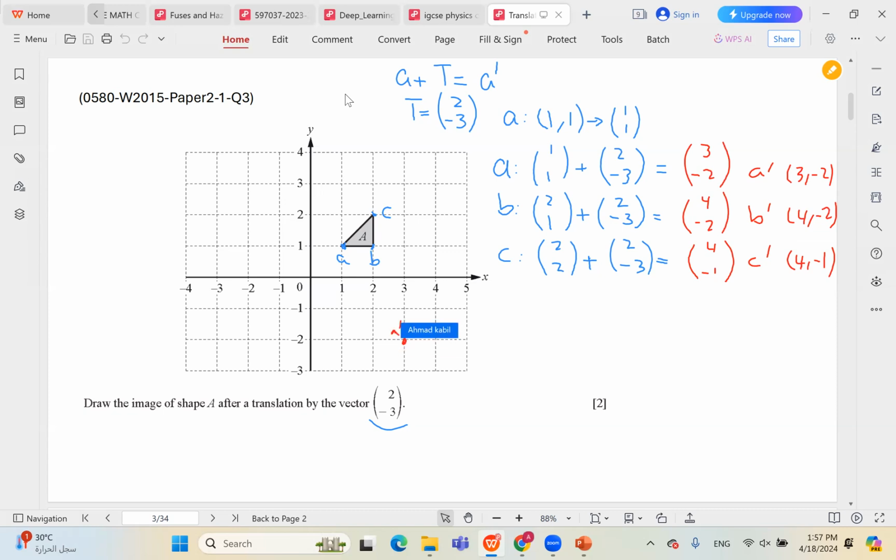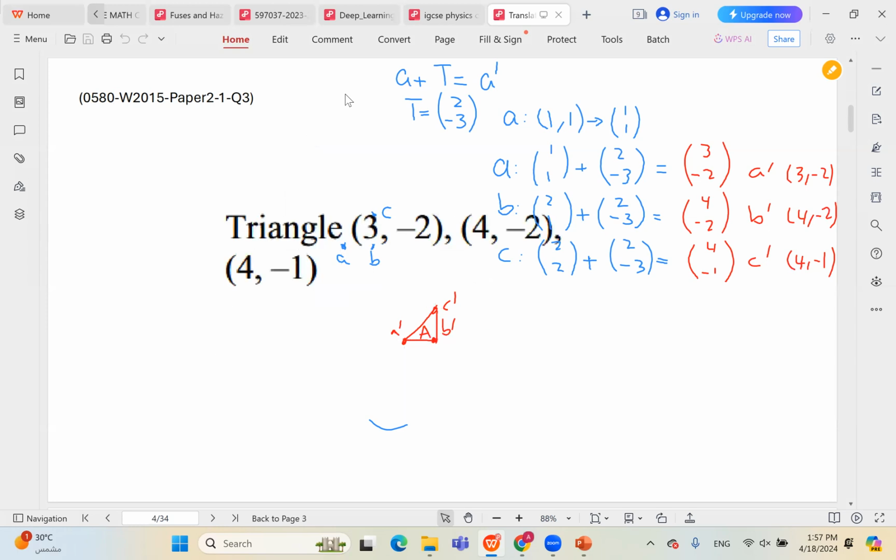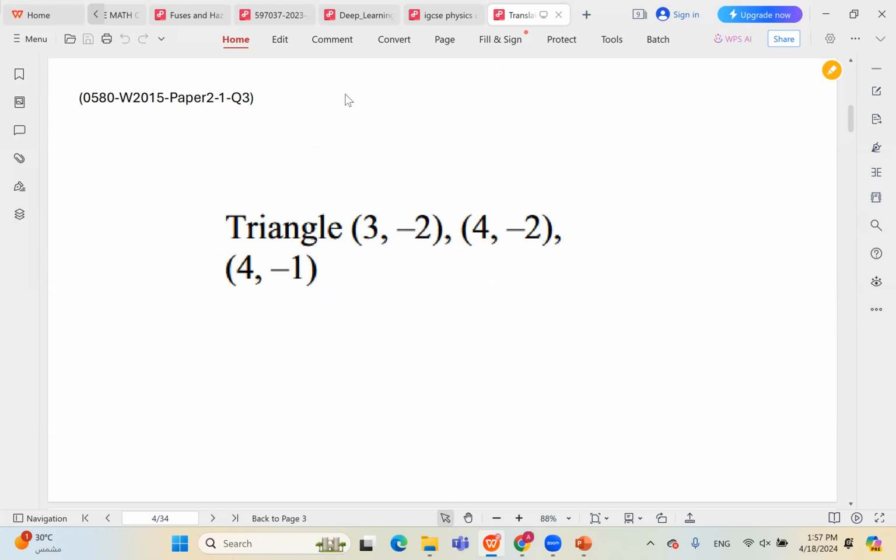And then for B dash, it's 4 and -2. And for C dash, it's 4 and -1. So our triangle is going to look like this. This is triangle A capital. So 3, -2, 4, -2, and 4, -1 are the correct choices.